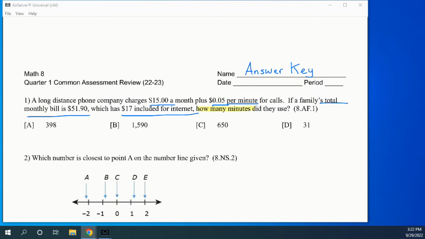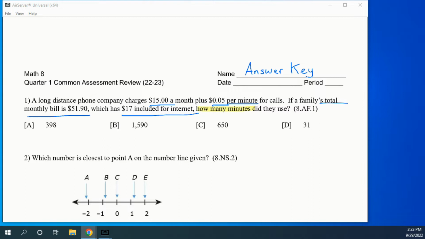In setting this up, there's two ways that I saw it set up today in class. The first way was understanding that the $17, since it's included for internet, we can take that out of our equation.